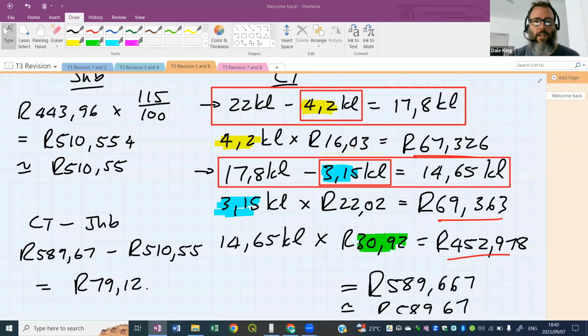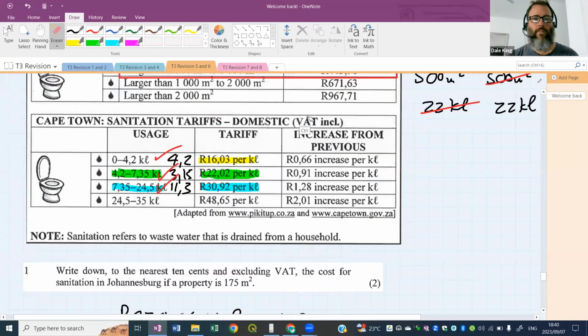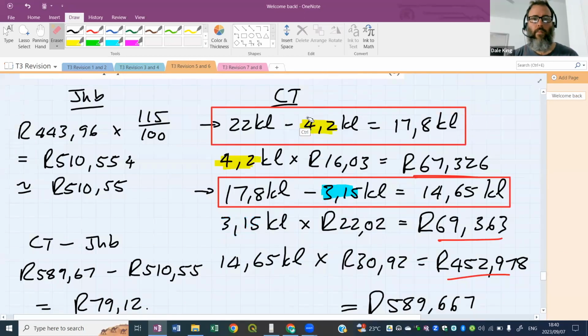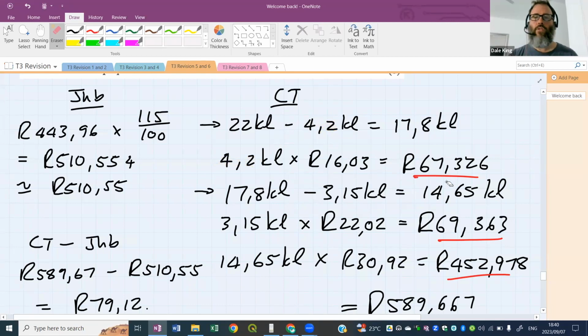So why didn't you add 16 and 3? 16 and 3 is the tariff, the tariff that we charge at. So 16 and 3 is not the amount you're paying for the total water.